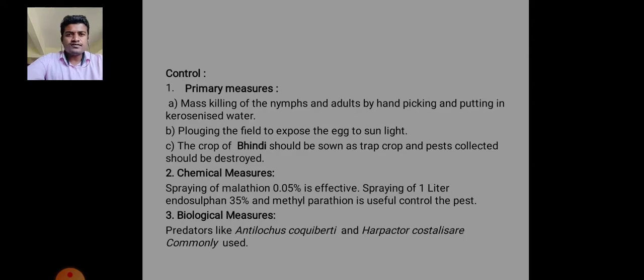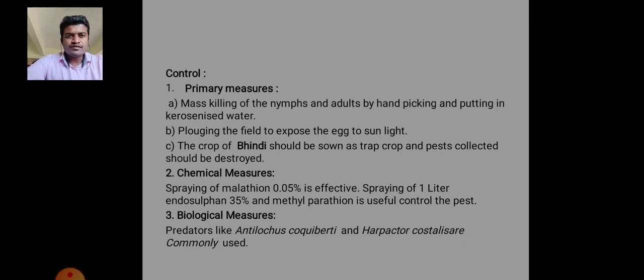Chemical measures are also given here to control the red cotton bug as a pest. Spraying of malathion 0.05% is also effective here. A spraying of 1 liter of endosulfan 35% and methyl parathion is also useful for controlling the red cotton bug on the cash crop cotton or maize.